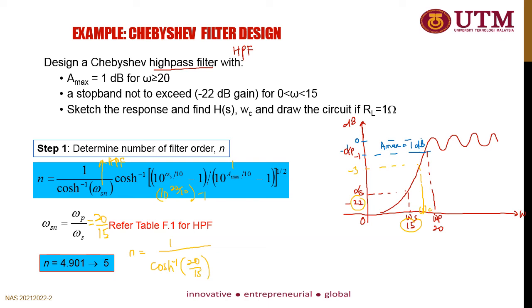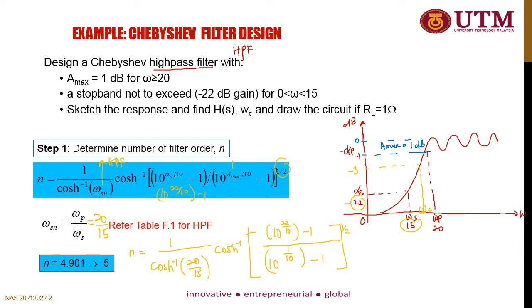Omega P is 20 divided by 15, and then inverse cosh, 10 to the power of alpha S. So alpha S is negative 22, so 22 divided by 10 minus 1, divided by 10 to the power of Mx minus 1. Don't forget the square root here, 1 over 2. Okay, you should get your n equal to 4.9.